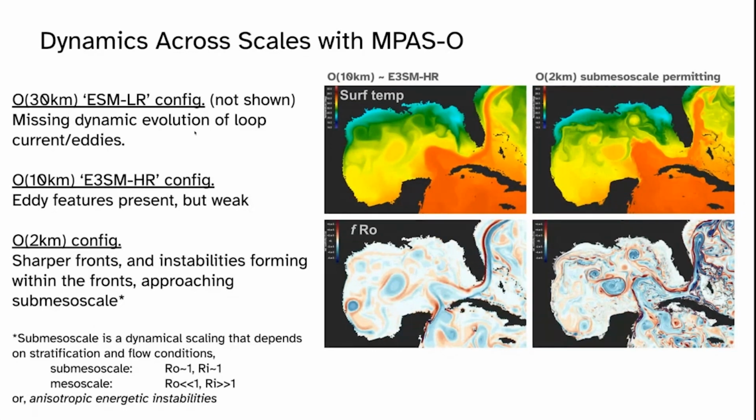When this is run under what would be a 10-kilometer regionally refined simulation, equivalent to the E3SM high resolution config, you get some eddy features like you can see here in the surface temperature, but they're fairly weak. Here you see the surface temperature, so the warm water of the Gulf, the loop current and the Gulf Stream. Down here, we're showing the surface relative vorticity, which is another way to think of this: it's f times the Rossby number.